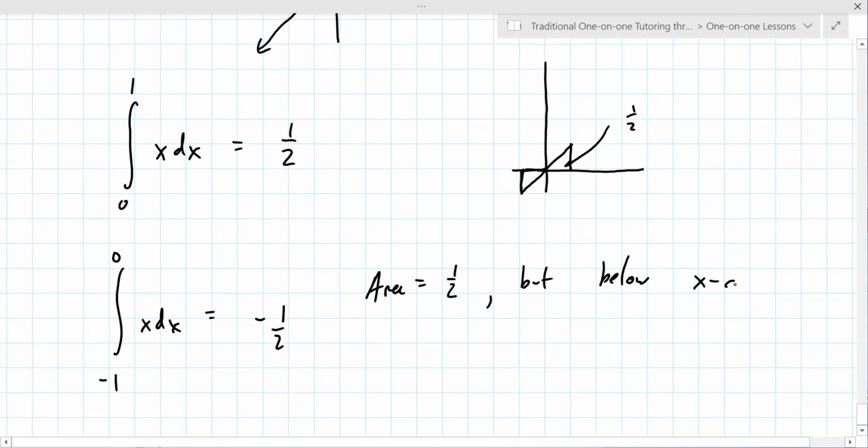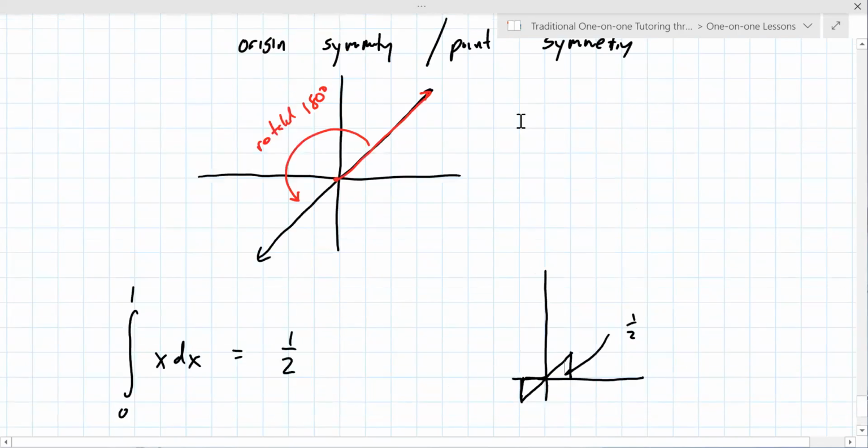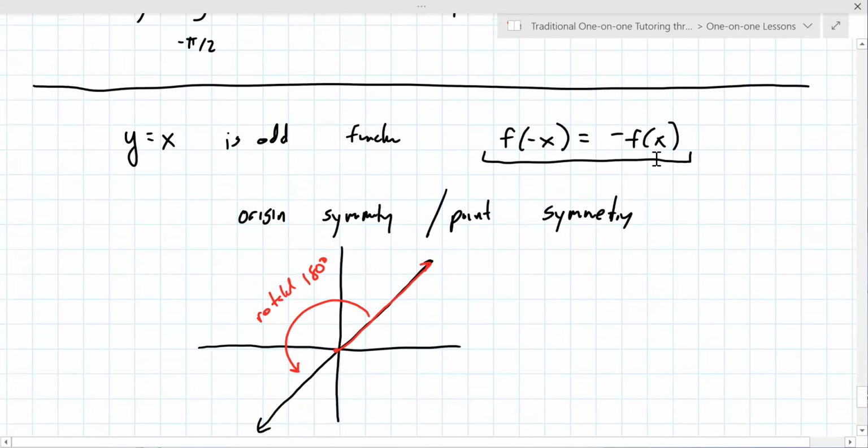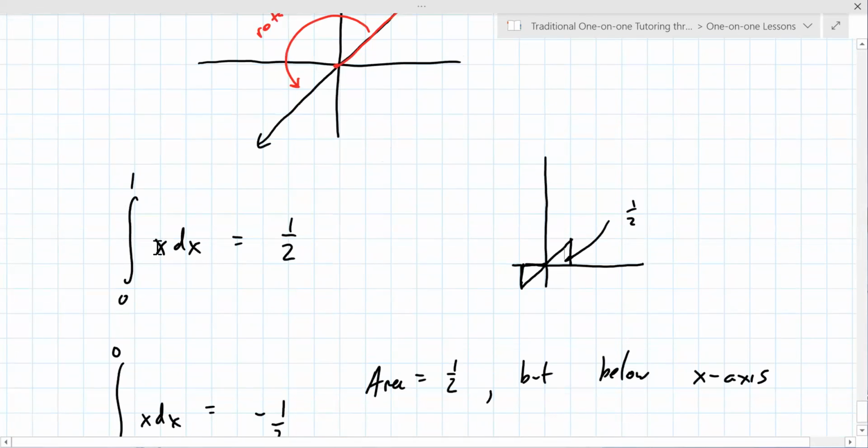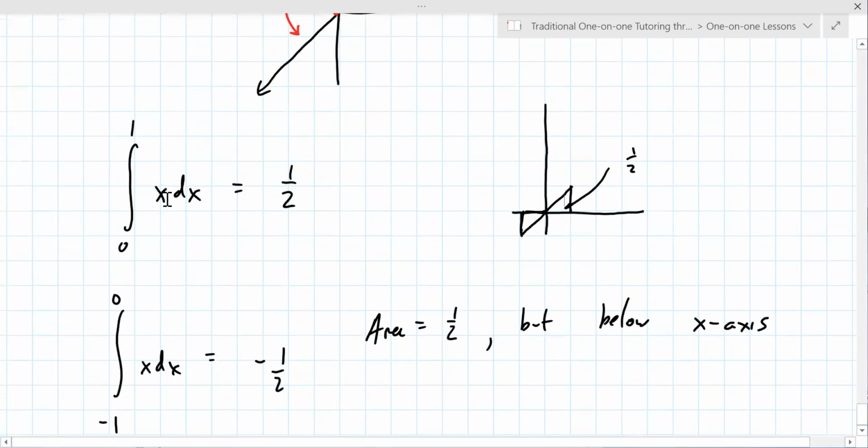How do you know that one's odd though? Just by looking at it? Yeah, because you can also do this test up here of f of negative x equal to negative f of x. You're looking at the function inside the integral, and that's how you would know.